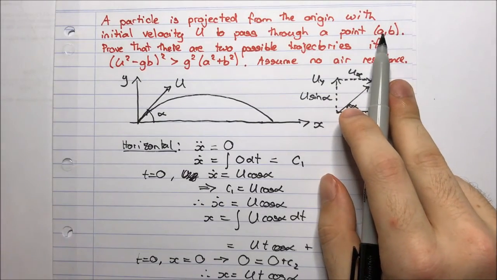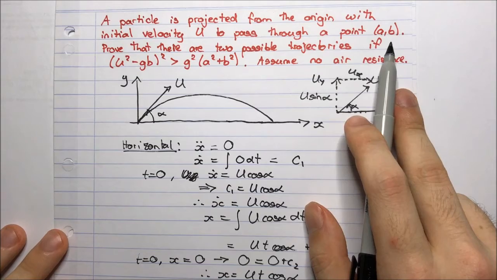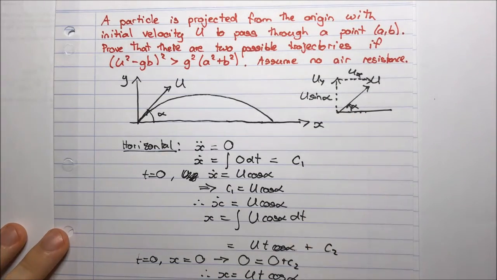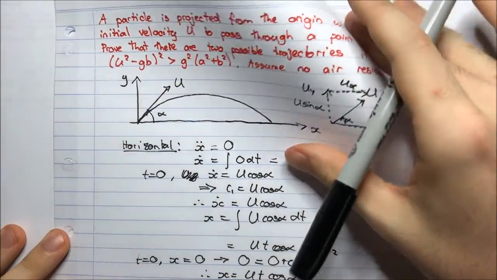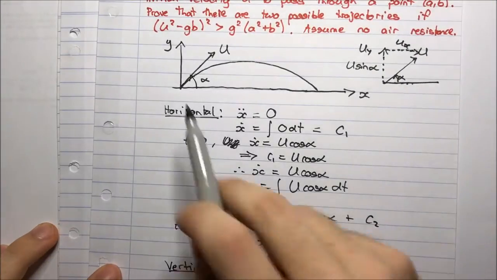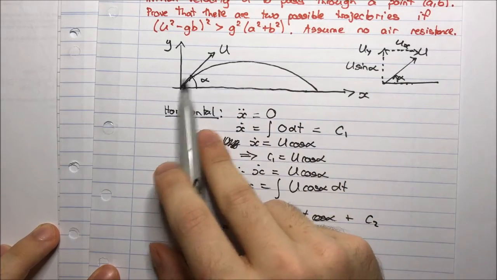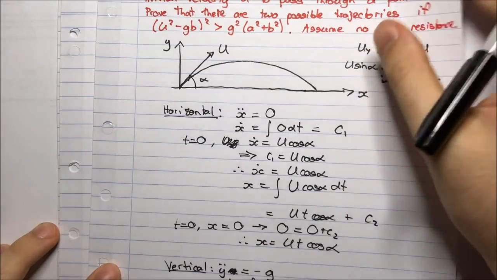So a is clearly the x coordinate, b the y coordinate. That's obvious to us. But we don't have x related to y in an equation, so we need to go ahead and do that. And by doing that, what we're actually doing is finding the Cartesian equation which describes the path or the trajectory of this projectile.